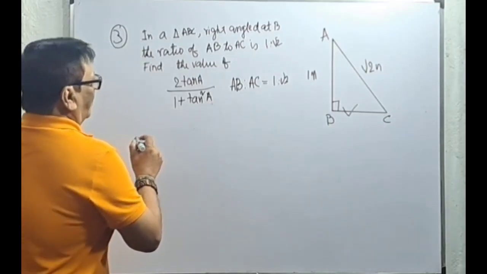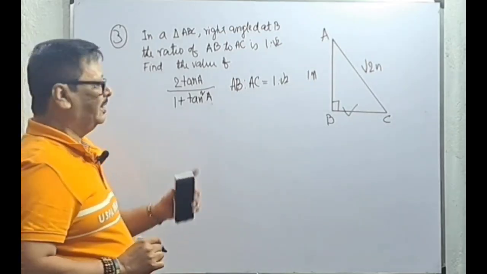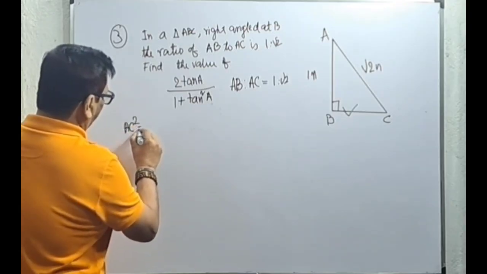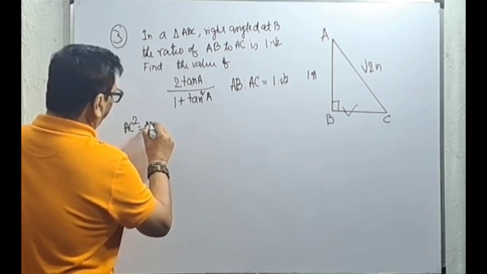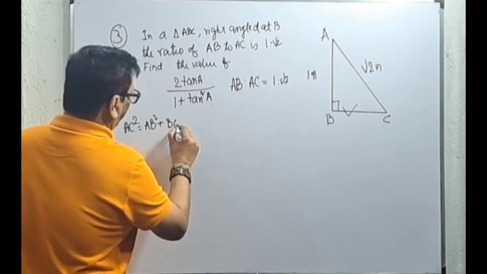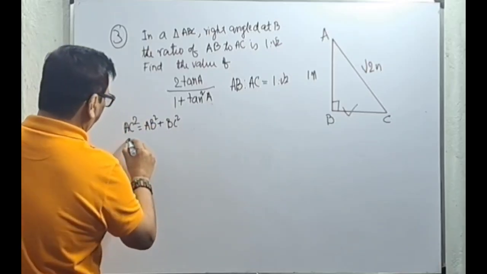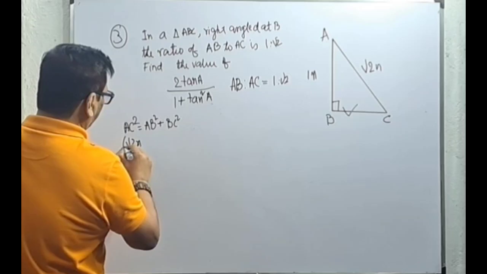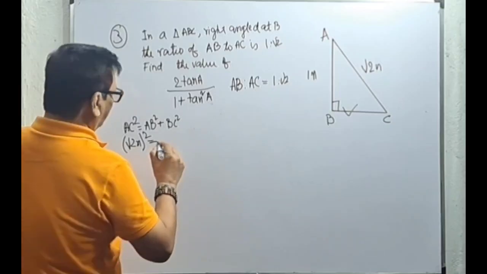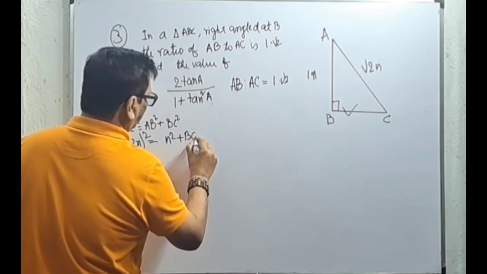So, applying Pythagoras in triangle ABC, AC square is equal to AB square plus BC square. Correct? So if we replace the value of AC, we get √2N squared is equal to AB is N square and BC square is unknown.